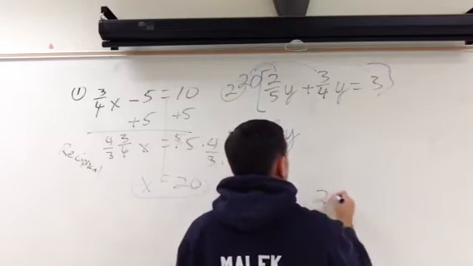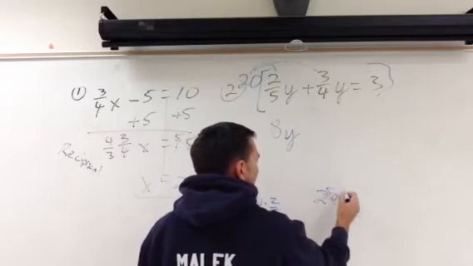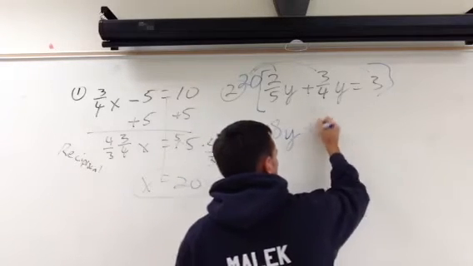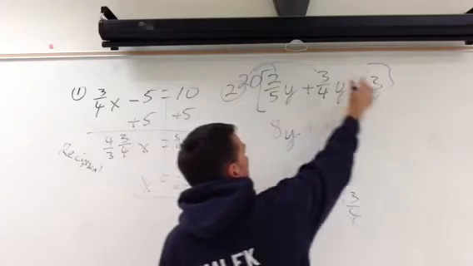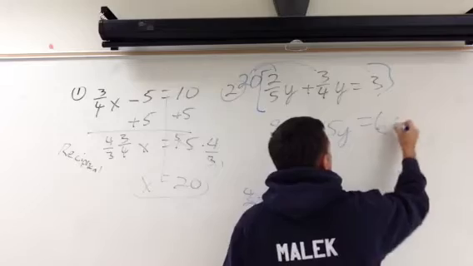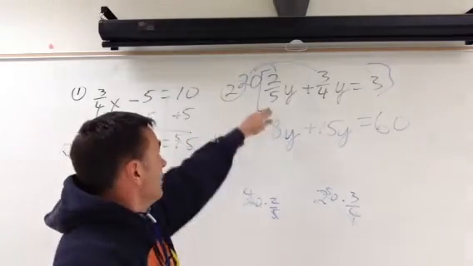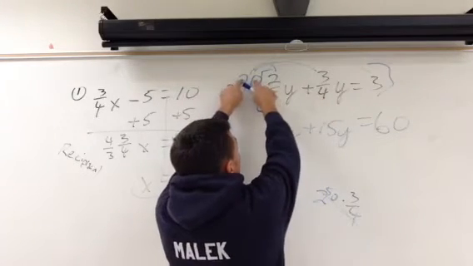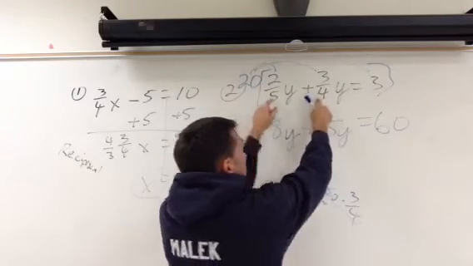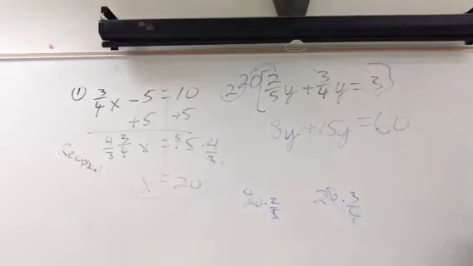If we go 20 times 3/4, 4 goes into 20 5 times, 5 times 3 is 15y. And don't forget that 20 times 3 is 60. Now what that was able to do is, because we multiplied the 5 and 4, and multiply by 20, I know these two will automatically get eliminated or reduced or canceled.